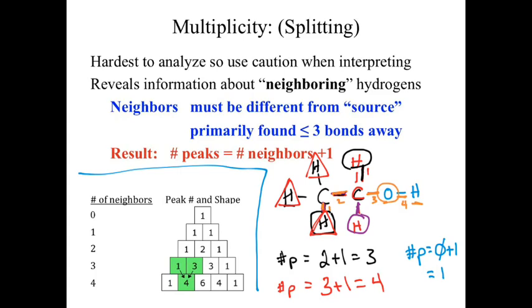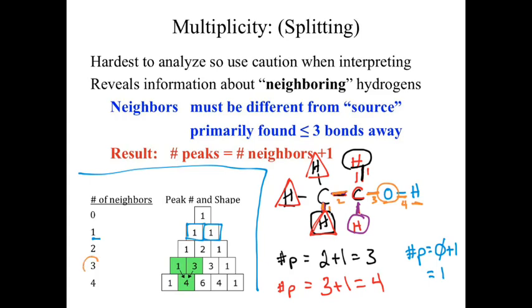So if you have 0 neighbors, you get 1 peak, and as far as its shape, there's nothing to compare to, so it just has an intensity of 1. If we have instead 1 neighbor, now we get 2 peaks. So this is our 2 peaks. The relationship of intensity, so how tall each of those peaks are relative to each other, is the exact same, 1 to 1. What happens if we move up?